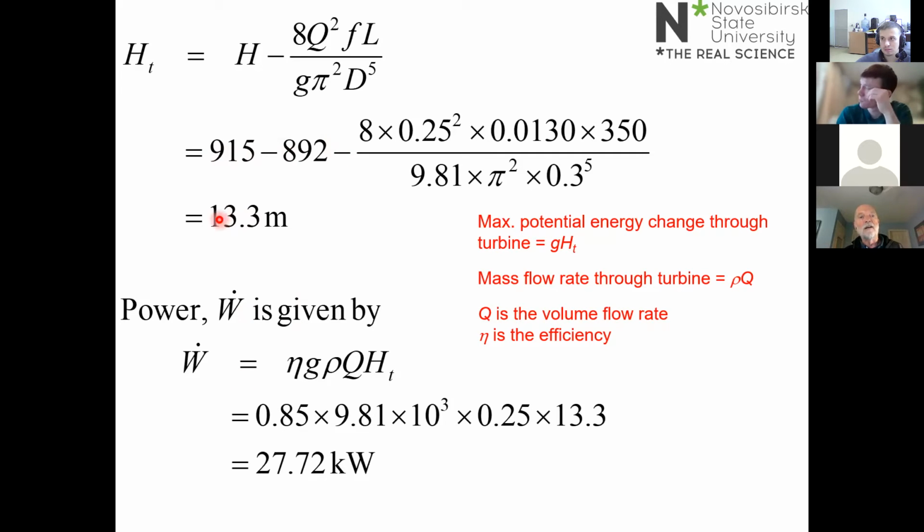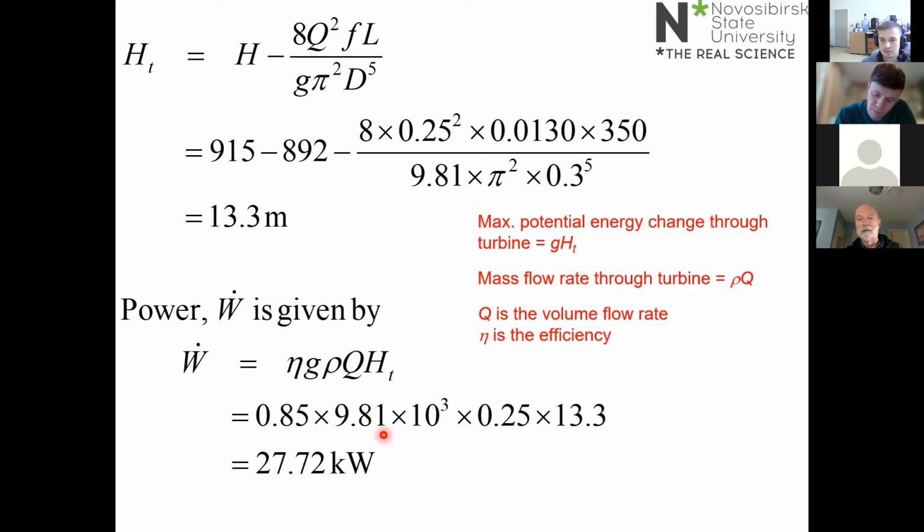And having found the head, all we need to know then is the flow rate in cubic meters per second and the efficiency of the turbine. Because what we see here is the basic turbine equation that relates the power produced according to the efficiency, the acceleration due to gravity, because of the height change being converted into potential energy, and the mass flow rate, which is the density times the volume flow rate.